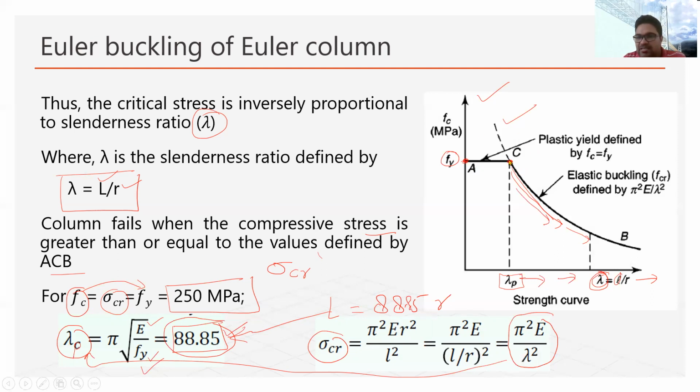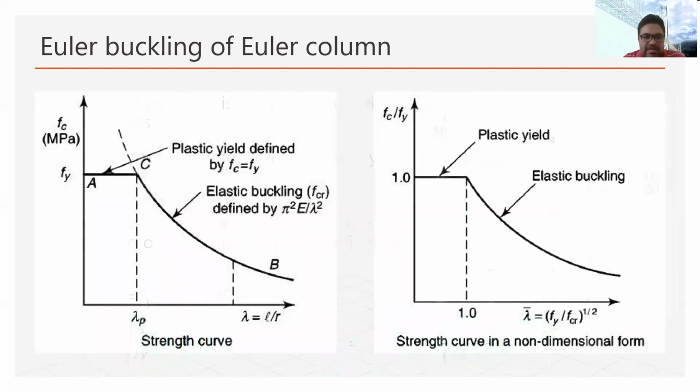This strength curve is sometimes represented in non-dimensional form also. In the next slide, I'm showing you. This is the strength curve that we used in the previous slide. If we replace Fy as 1, this actually is the ratio Fc upon Fy.